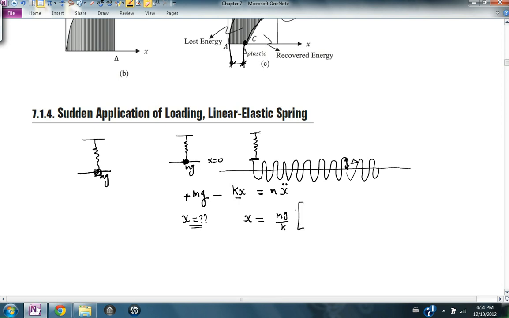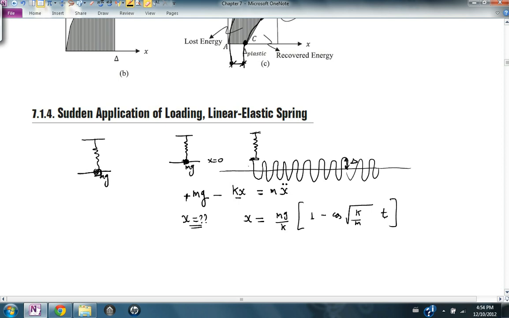The solution to this is mg over k times (1 minus cosine of the square root of k over m multiplied by t), where t is the time. At any instant in time, I will know where x is, the position of that point, the extension of the spring.